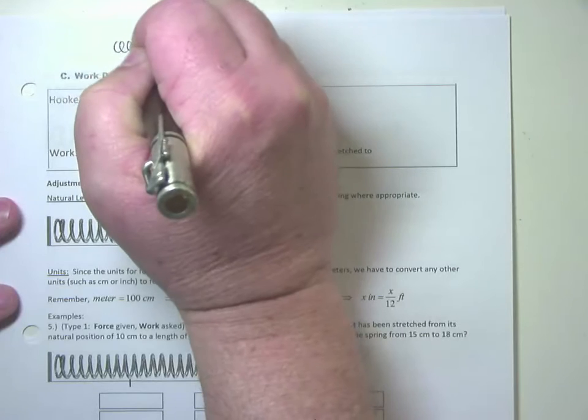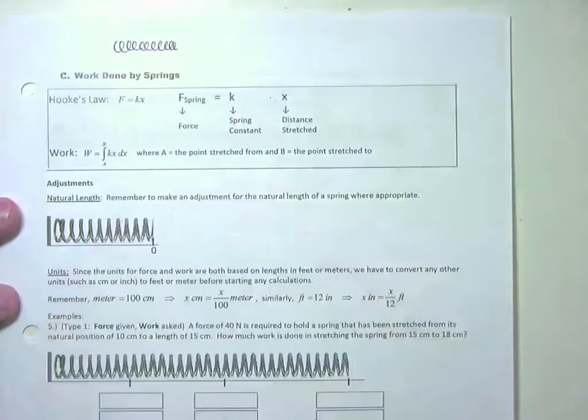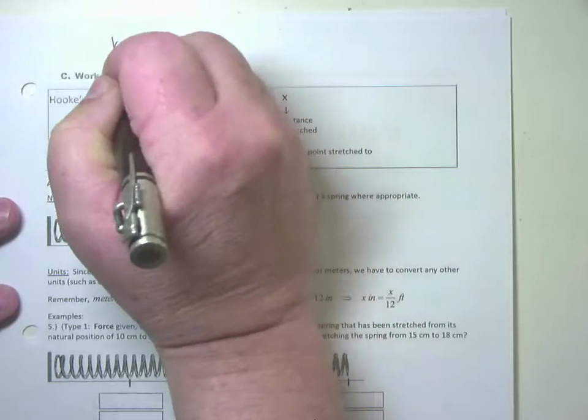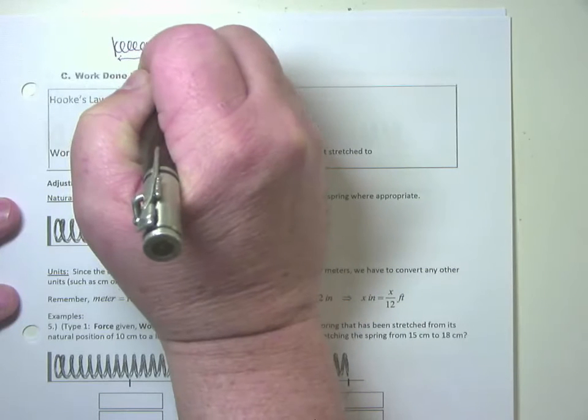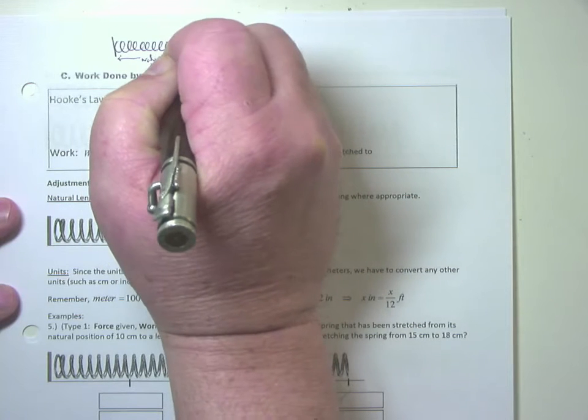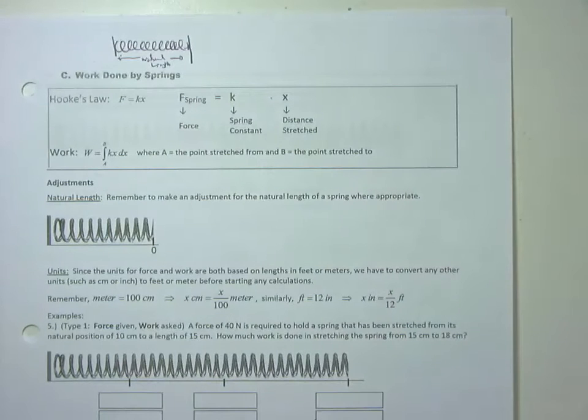If you've got a spring right here, what we're talking about is something called the natural length. The natural length of a spring is the distance a spring is at rest.